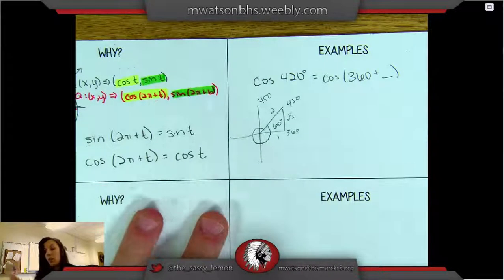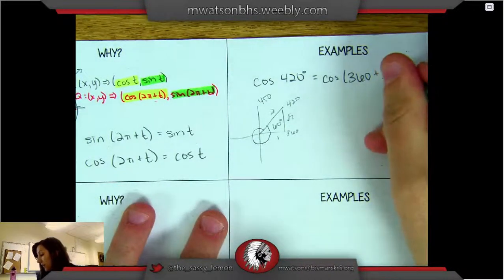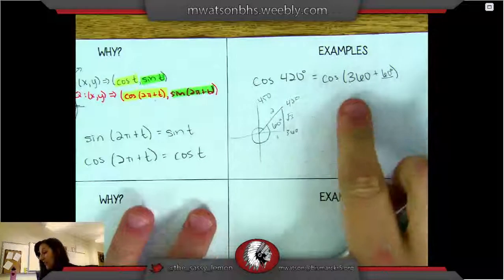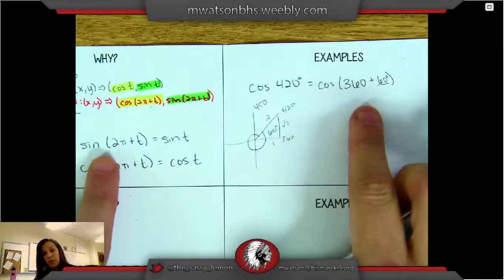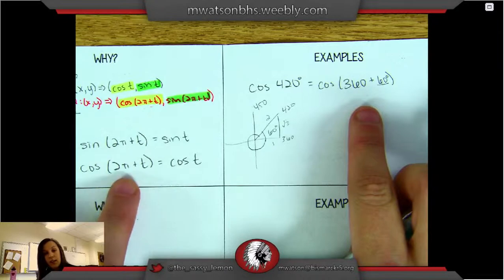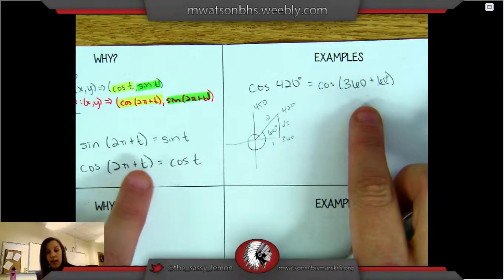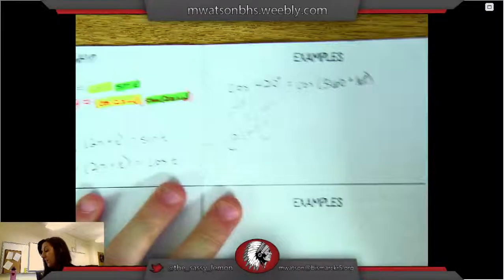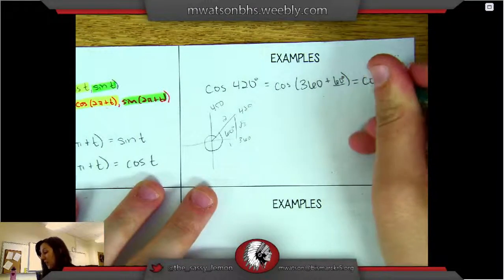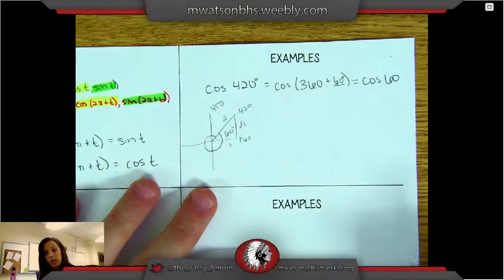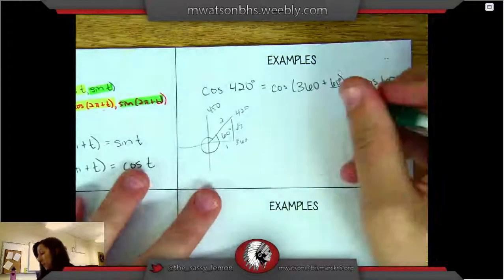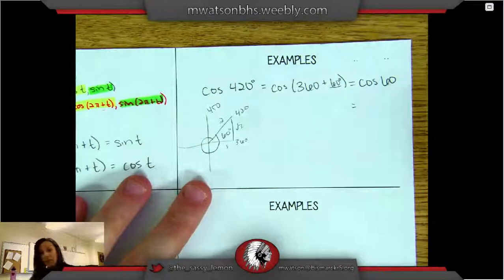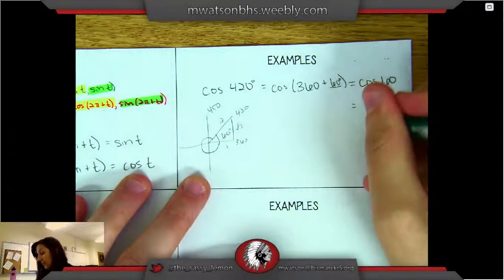Well, just do a little mental calculation and you'll figure out that's 60 degrees. So our identity says that cosine of 360, that's what 2 pi is, cosine of 360 plus an angle is the same as just cosine of the little angle. So we can say, oh, this equals cosine of 60. And now, if you know cosine of 60, you just write it down. It's 1/2. And you're done.